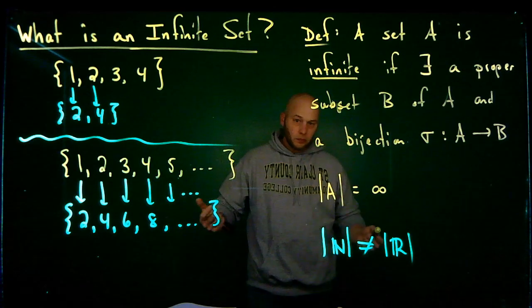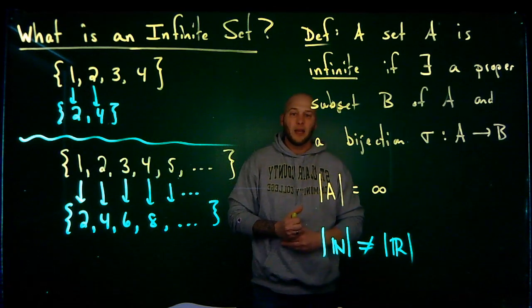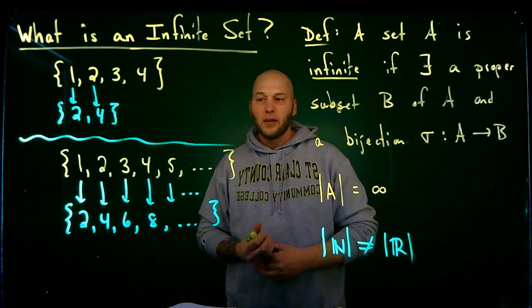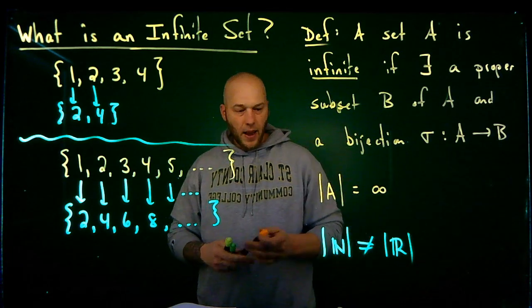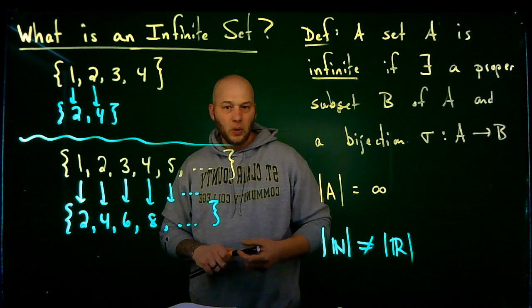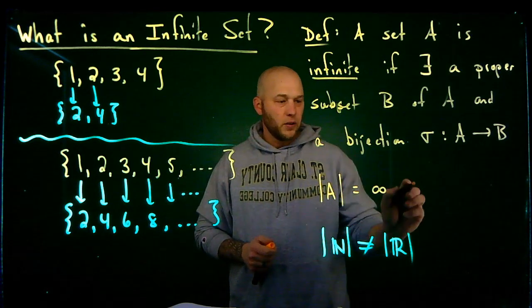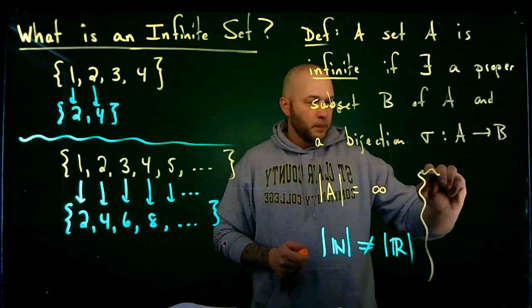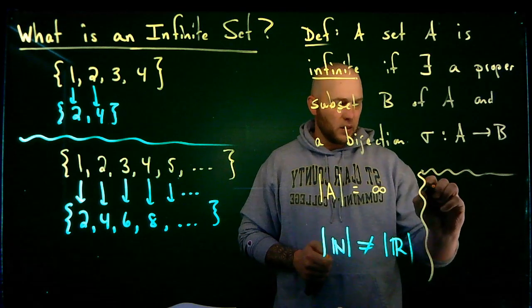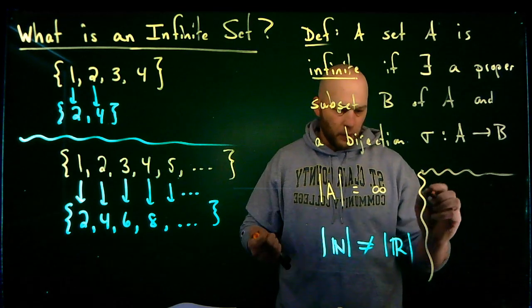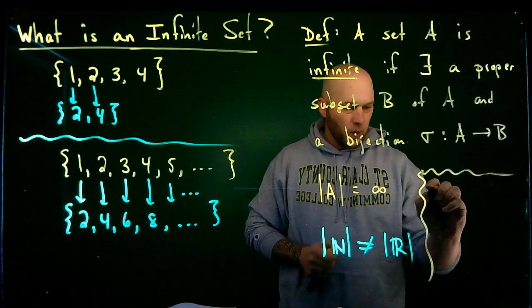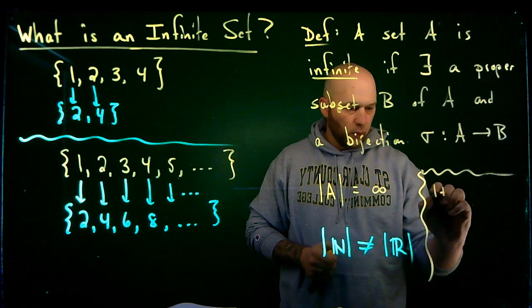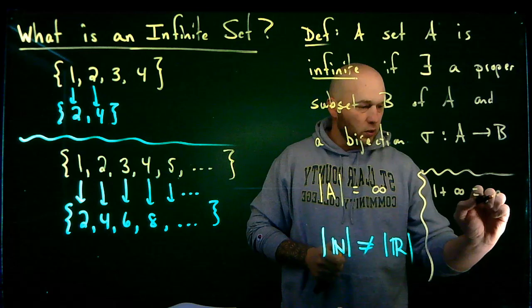But that's what we mean when we say that a set is infinite, is it has a proper subset with the same number of elements. And this is tied into the short that Professor Van Hamlin talked about, where he said something along the lines of 1 plus infinity is equal to infinity.